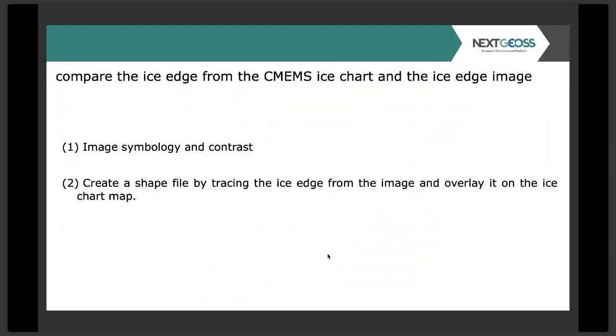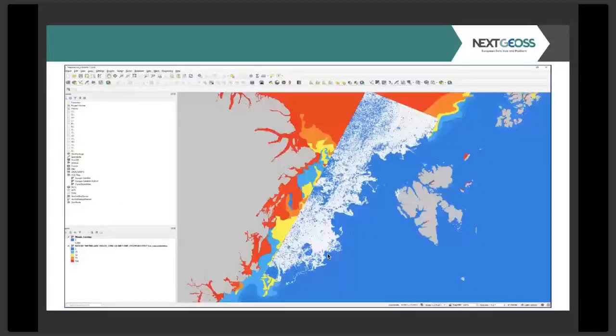So what I will do here is draw a line on top of the images and compare the line with the chart underneath. So let us go to the image contrast. Now we just gave the water the same color as the color that presents the water in the ice chart.